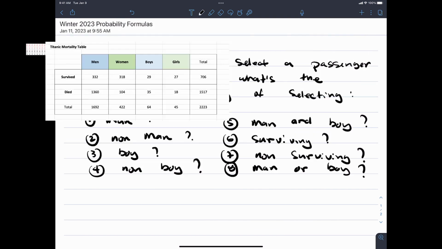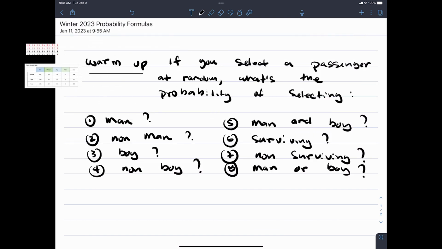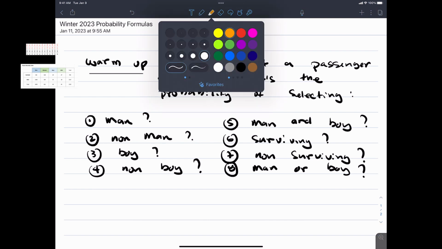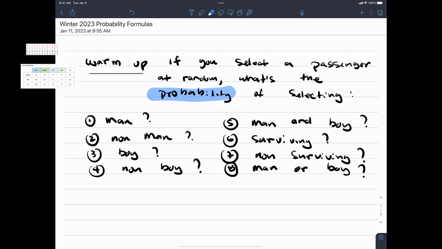Here are my questions to you. I got that same table here. We're going to warm up today. So I want you guys to answer these questions. Here's the warm-up. They say, if you select a passenger at random, what's the probability? This is a probability question. It's not odds.